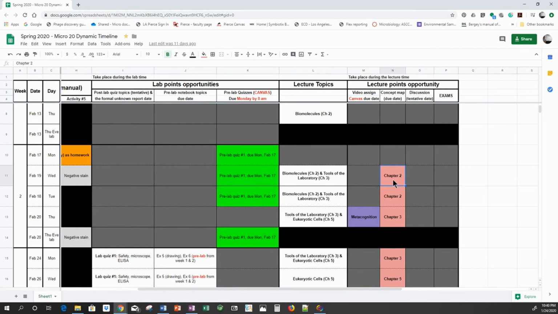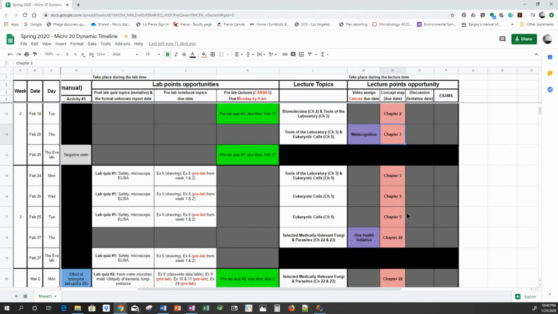If you are in Tuesday, Thursday section, however, that week, meaning week 2, I will collect concept map for chapter 2 on Tuesday and concept map for chapter 3 on Thursday. So make sure you get them ready.